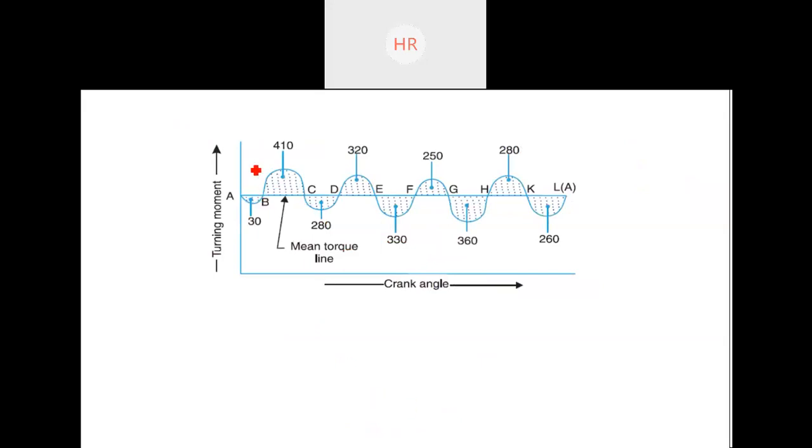You have to plot a rough freehand drawing of torque versus crank angle, plot whatever energy is given on this diagram, and mark the points A, B, C, D, E, F, G up to L. First assume that the energy available at point A is E. At point B we have negative energy, so we will subtract this much energy from A to get the energy at B. Then we will add this much energy to get the energy at point C, and so on.